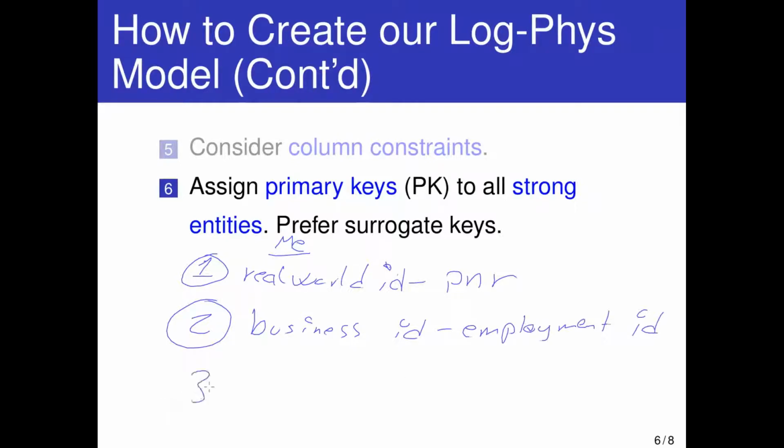And then, okay, I don't know the internals of the databases at KTH, but if they think like I do and prefer surrogate keys, then I also have a database ID in their databases, which is the surrogate key. So each entity has, in fact, 3 identities, at least potentially.